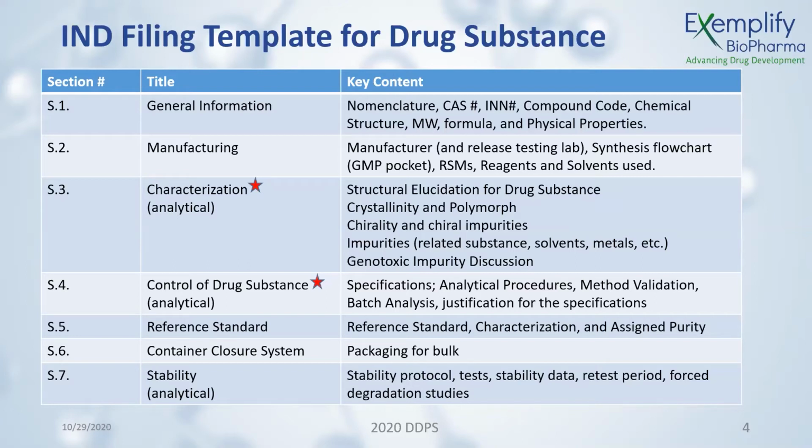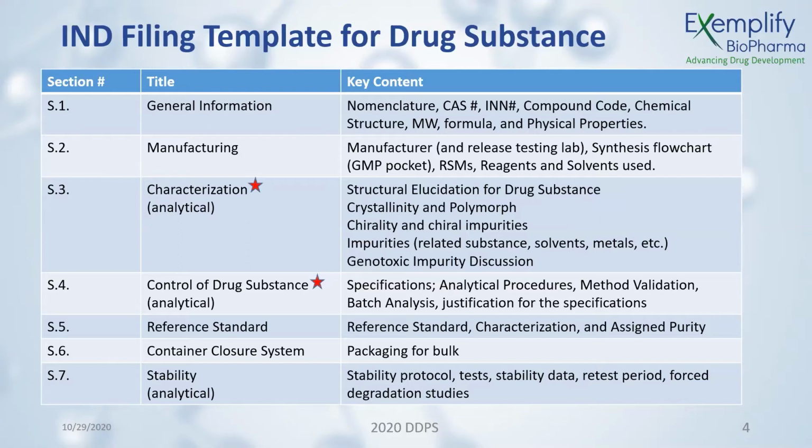You need to define your RSM where you have the control, and RSM is a whole other topic, which is out of scope for today's discussion. But typically, you include about 3 chemical transformation steps and possibly 1 crystallization or purification step of your drug substance. You also need to talk about the reagents and solvents used in the manufacturing process.